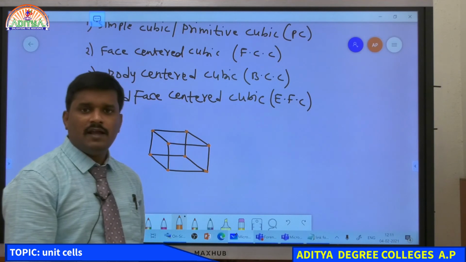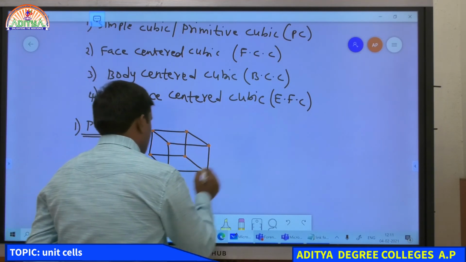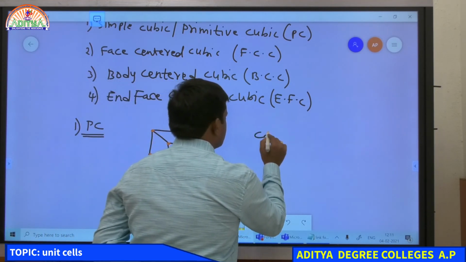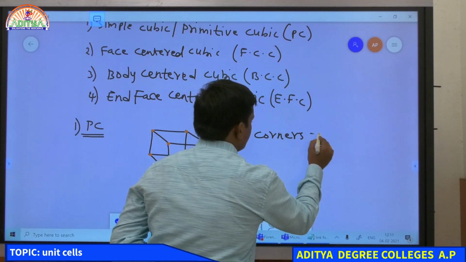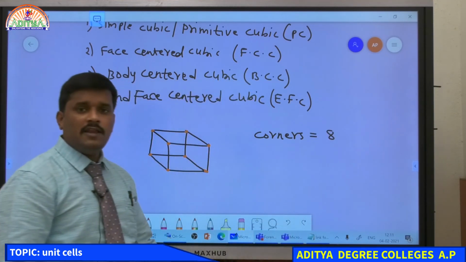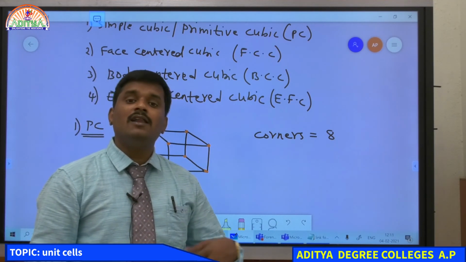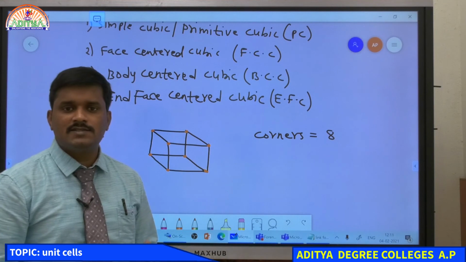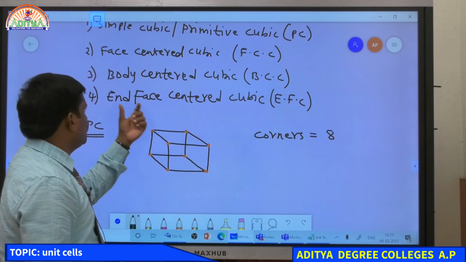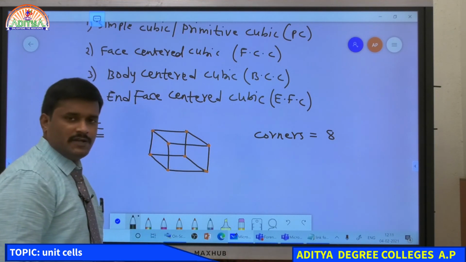Each unit cell has 8 corners. Therefore in a unit cell, if all the atoms are present at all corners, then that unit cell is simply known as primitive cubic unit cell or simple unit cell.